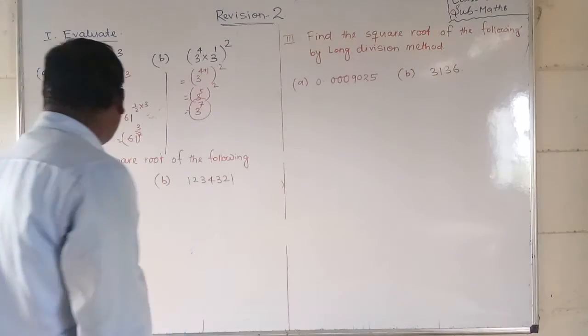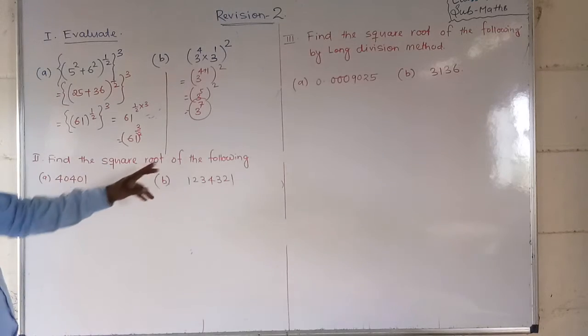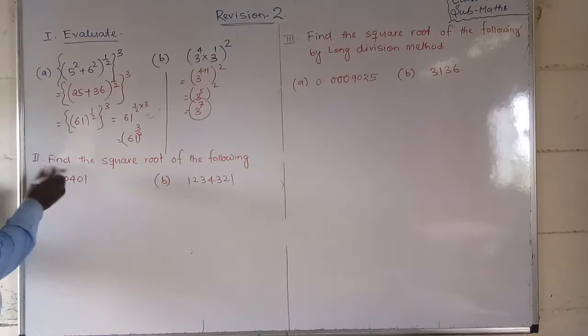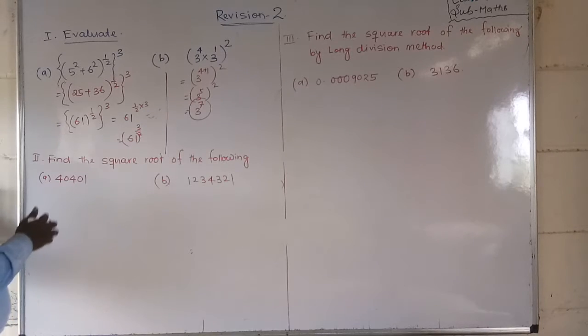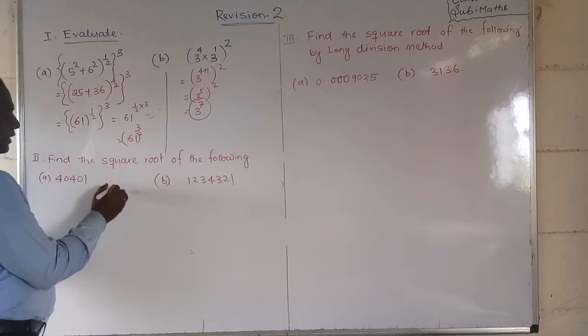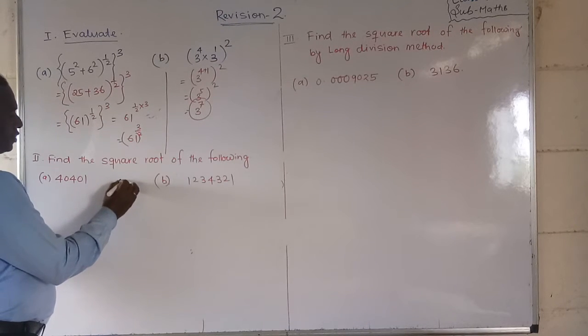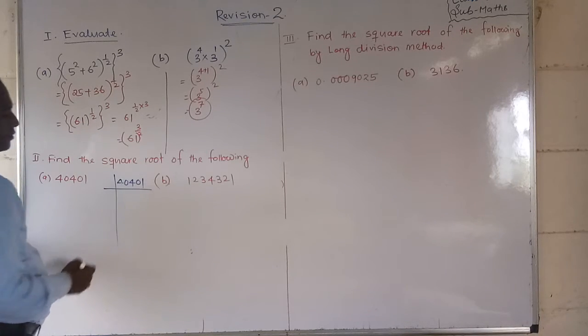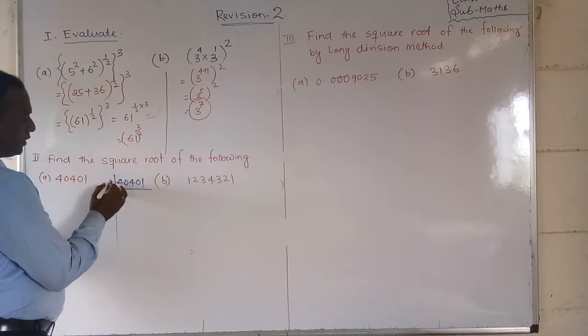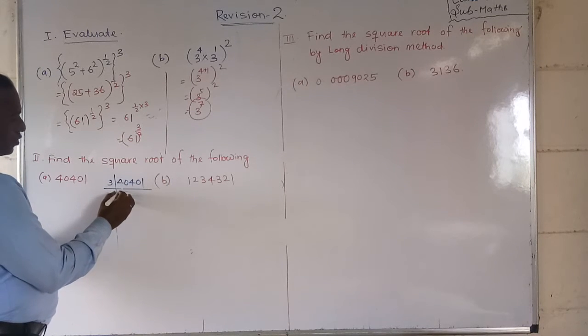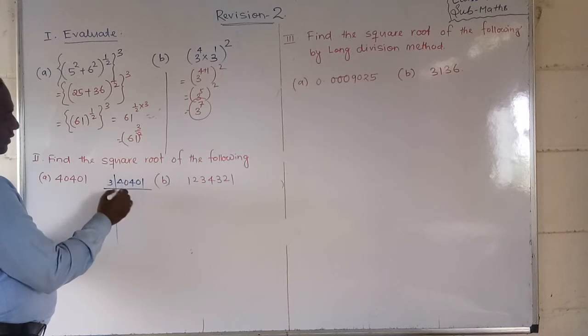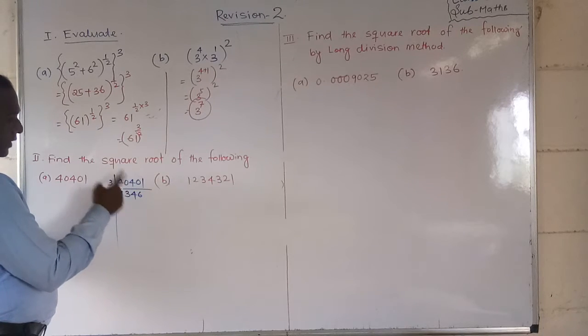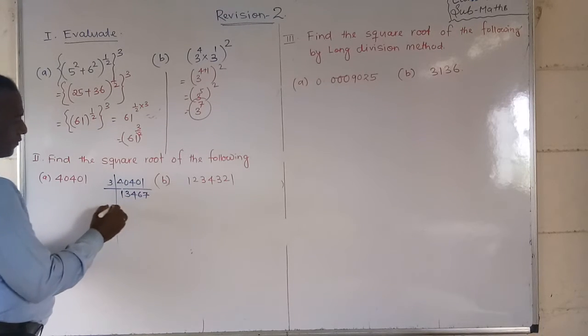Here the second question, second bit: find the square root of the following. We have to do it by the division method or by any method. First of all, we will try the prime factorization method. 40401. What will go, students? 9, equal to 3 it will go. 3 1 ja 3, 10, 3 3 ja 9, 14, 3 4 ja 12, 20, 3 6 ja 18, 2, 3 7 ja.